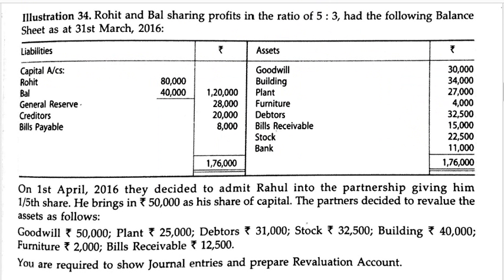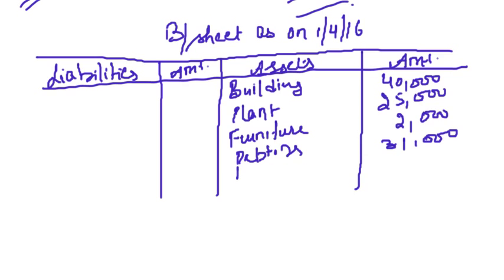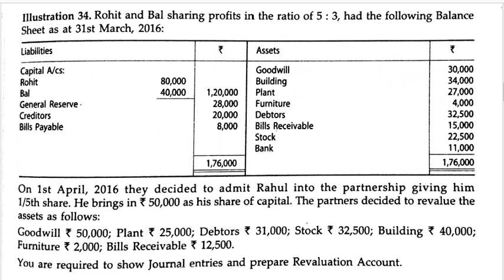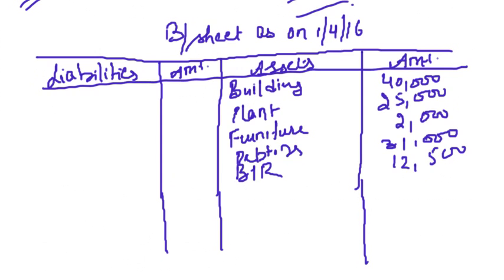Clear? Then bills receivable. Yes sir, we have to show the bills receivable at 12,500. Clear? Then stock 22,500. No, 32,500. Appreciated value, the actual value on the date of admission.